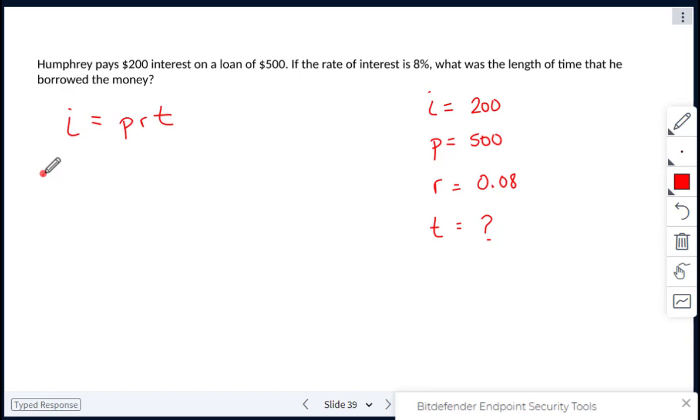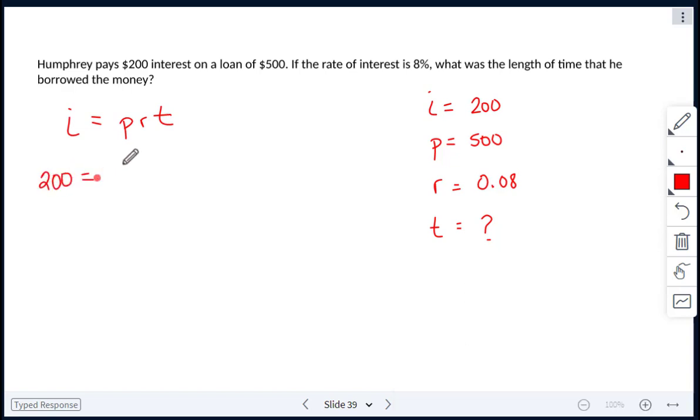So we have 200 is equal to 500 times 0.08 multiplied by T. So we can multiply these two together. 500 times 0.08 gives me 40.